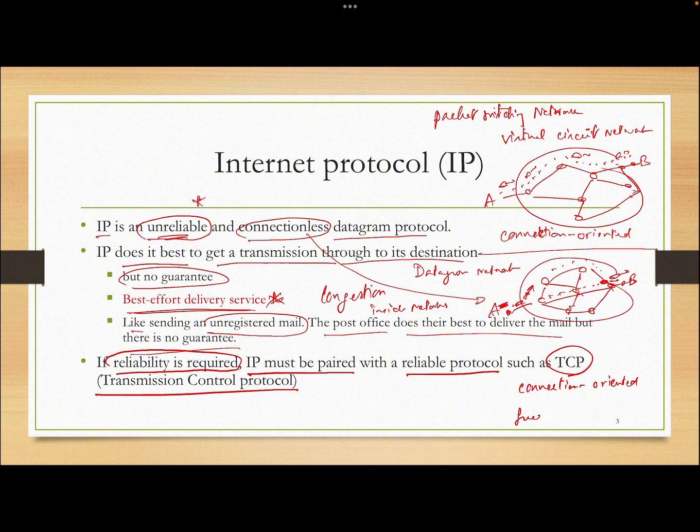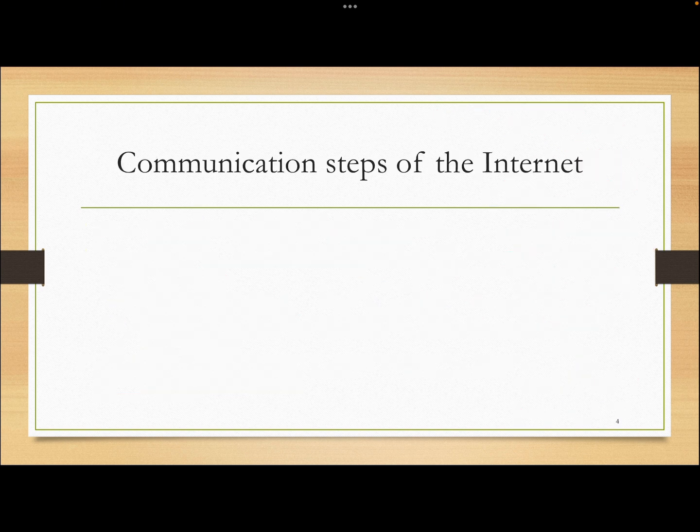You have feedback, like ARQ, to tell you if you sent and it was received correctly or not. But with IP you don't tell the sender. If it doesn't arrive, you don't know. So usually you pair the Internet Protocol with TCP so that you know what is going on, to make sure that it arrives, or if it doesn't arrive, then you get the feedback.